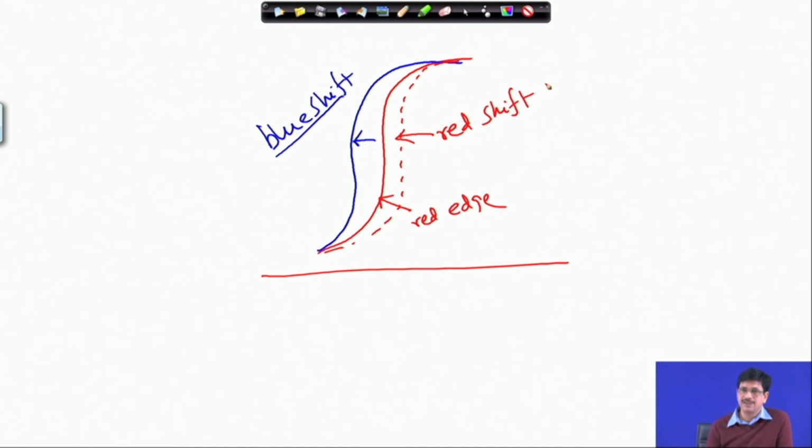So, this red edge characteristic in the reflectance spectra of vegetation is a very interesting feature, which is also of great utility for mineral exploration.